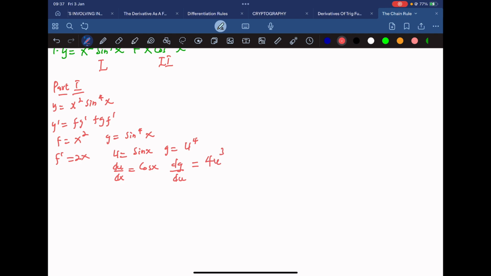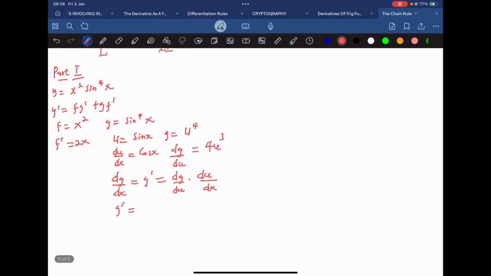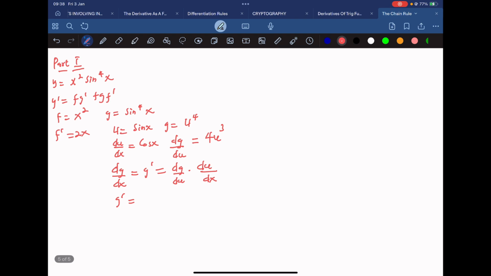So in this case, to find dg/dx, which is the same as g prime, this is equal to dg/du multiplying du/dx. So we have our g prime to be equal to, now the dg/du is 4u to the third, and the du/dx is cosine of x.